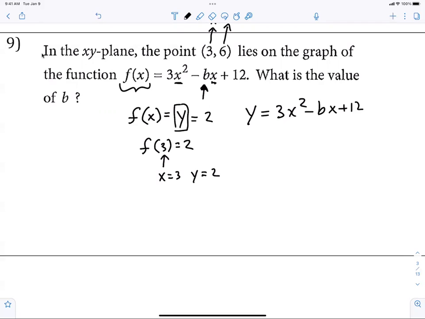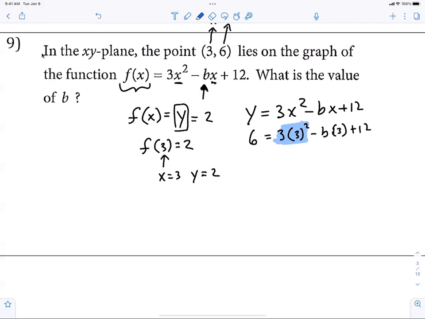What does y equal? 6. What does x equal? 3. So that means wherever you see an x, you put 3. All right, now some of you are going to have a hard time with this. I'm highlighting this.